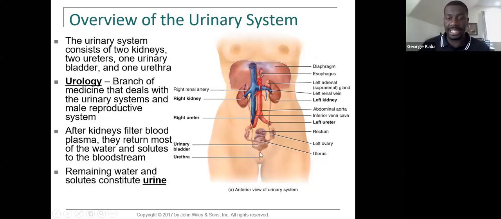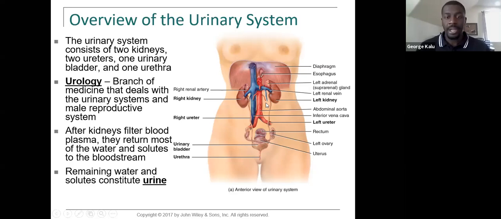At the end of that bladder is the urethra, which allows the urine to come out of the body. Throughout this whole process, we're forming urine, but we're also regulating our blood composition. The study of how the urinary system works, as well as the male reproductive system, which we'll look at on Wednesday, is called urology, a medical branch.